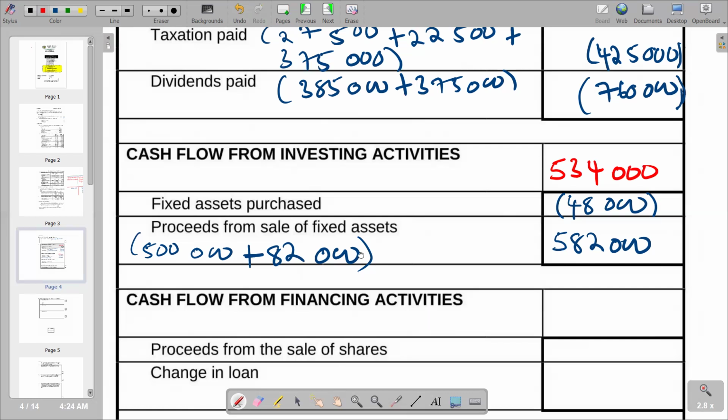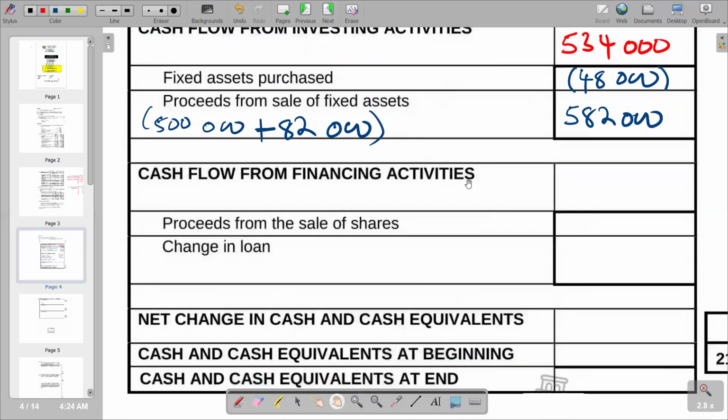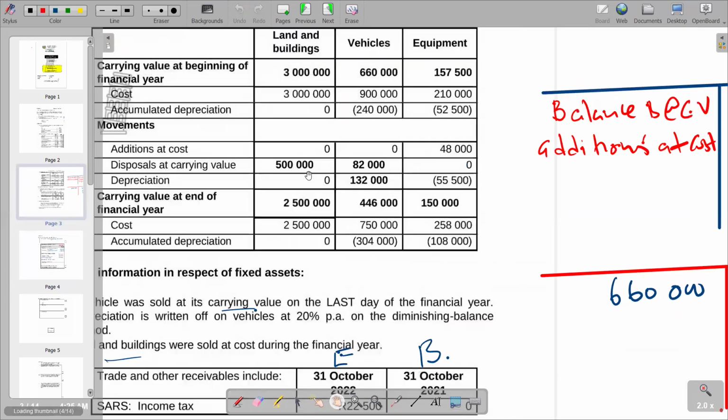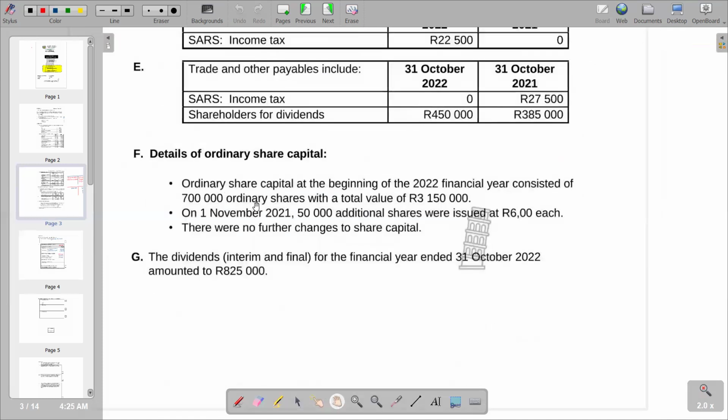Then from there, we can move on to cash flow from financing activities. From financing activities, we have proceeds from the sale of shares. Let's see, according to the information given on the sale of shares, we are told that on 1 November 2021, 50,000 shares were issued at 6 rand each.